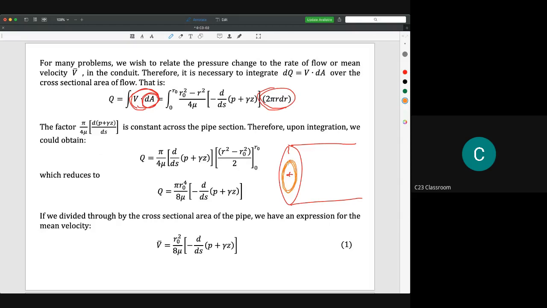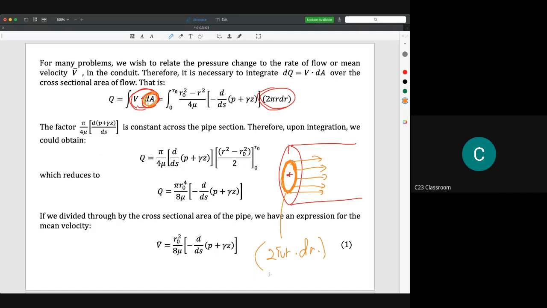So in this area, the velocity will show the same amount, because you must know that this area has the same radius. So the dA here reflects the area of this ring. The area of this ring is actually 2 pi r dr. I already explained this in the previous class.